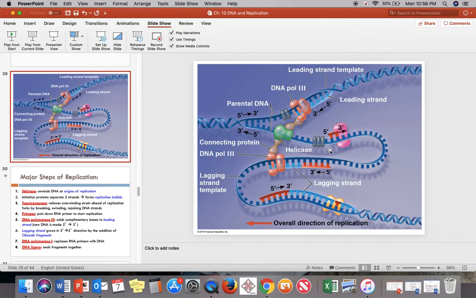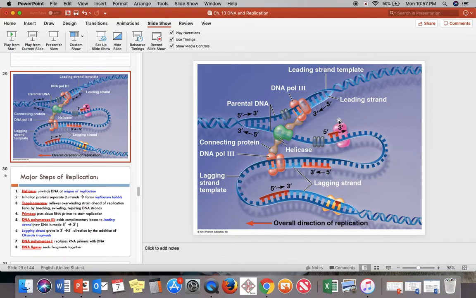But I'm going to go back to this picture here. So imagine topoisomerase out here at the front. We know that DNA is anti-parallel, so this strand runs 5' to 3', whereas the opposite end, 3' to 5'. Now, here's the tricky thing that students sometimes get confused.